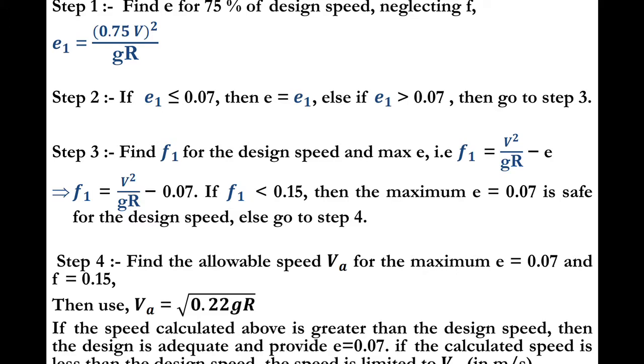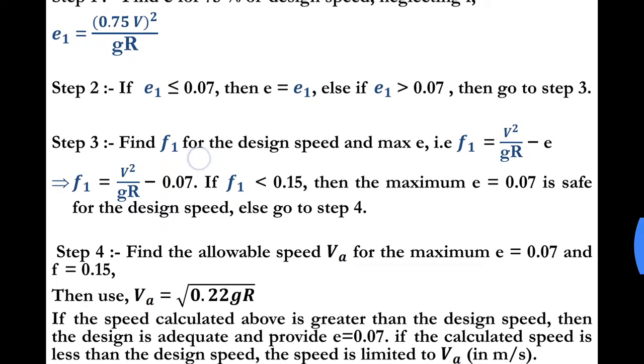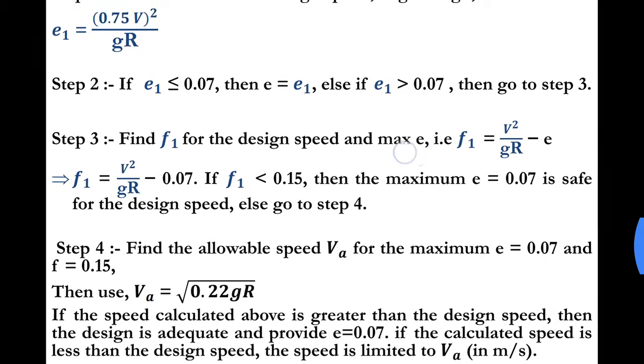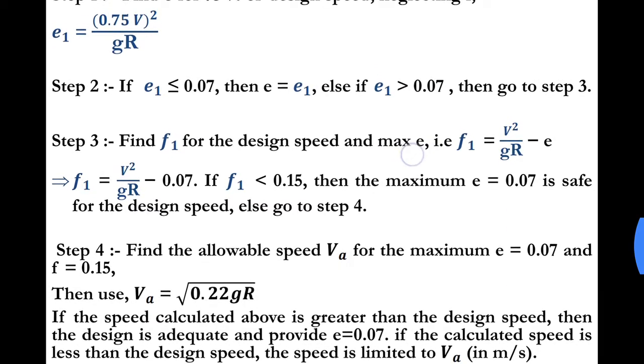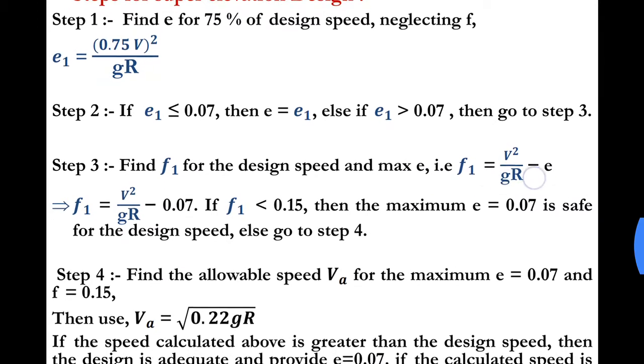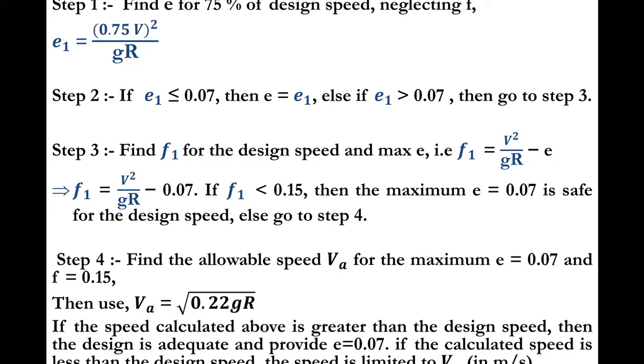What do we do in step 3? We find F1, that is the coefficient of friction for the design speed and max E. The max E would be 0.07. Here we find out the F value. We already know that E plus F equals V square by GR.